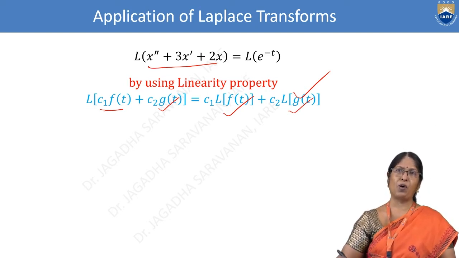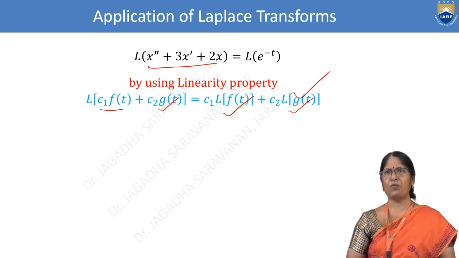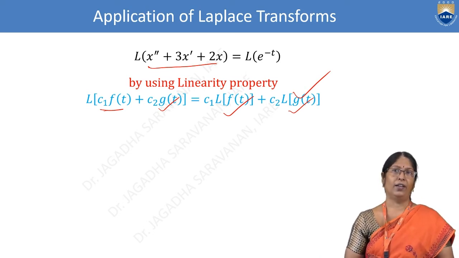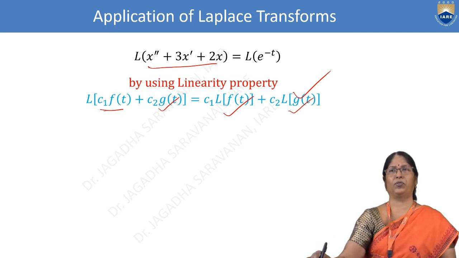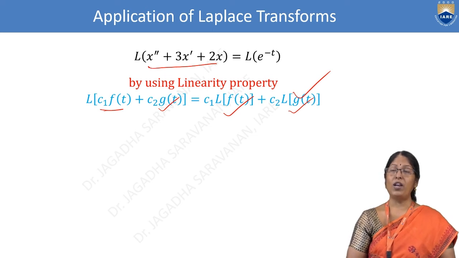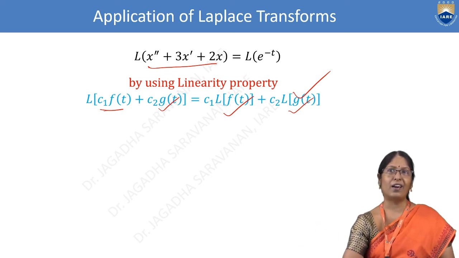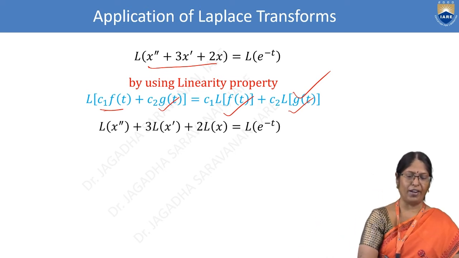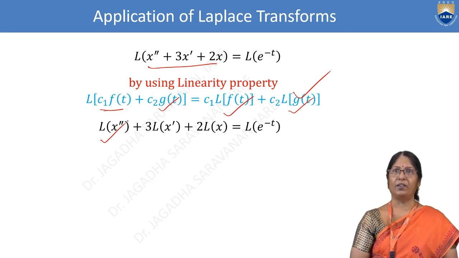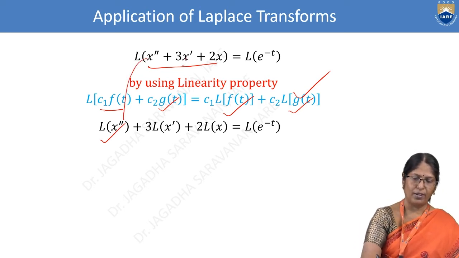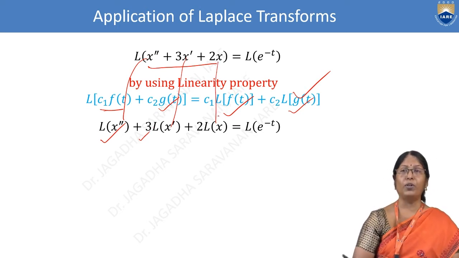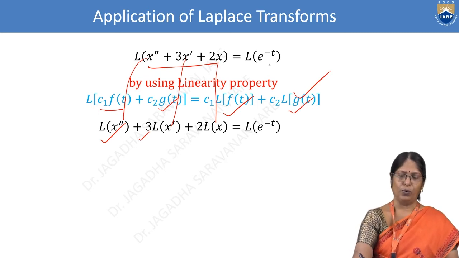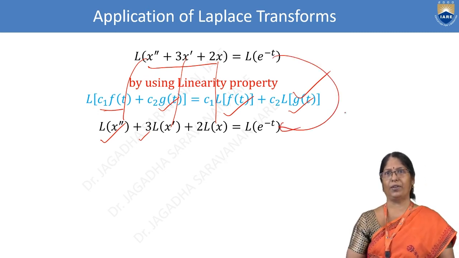So the sum of Laplace transforms of each can be written only by the linearity property. Using that, we wrote the first one, then 3 into L of x dash plus 2 into L of x, equals L of e power minus t.